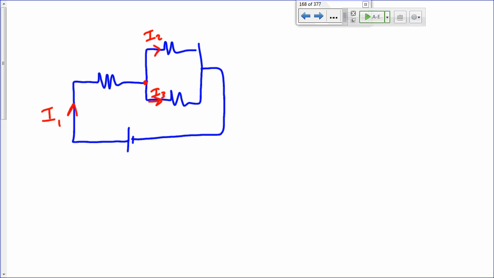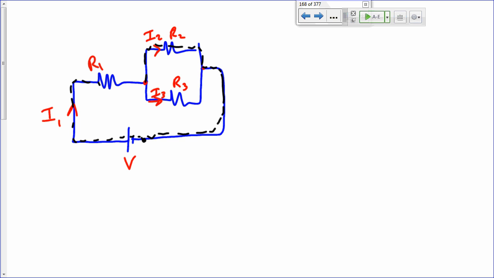Anytime you have a junction, like here and here, you're going to have a different current. Let's call this R1, I'll call this R2, and I'll call this R3. I'll just call this V. Now, I can write the loop rule for any closed loop. So for example, if I start here, and I go through this circuit, that's a closed loop, right?